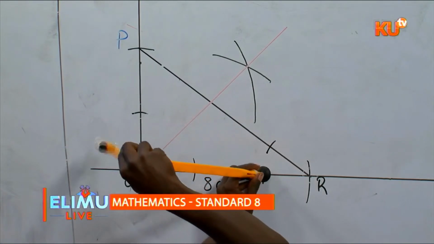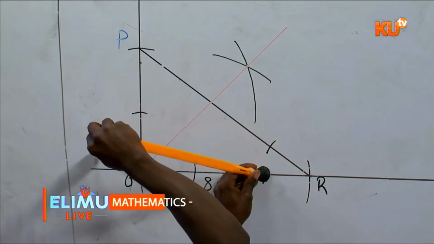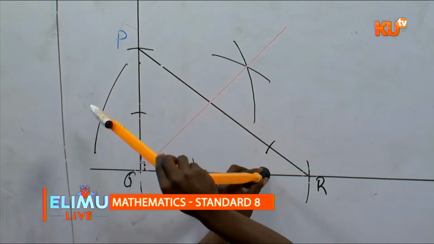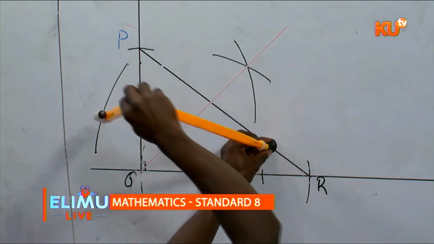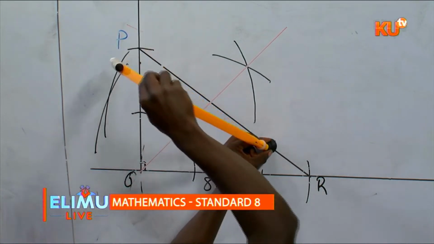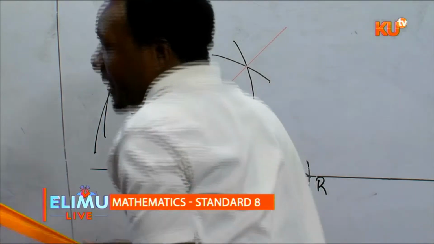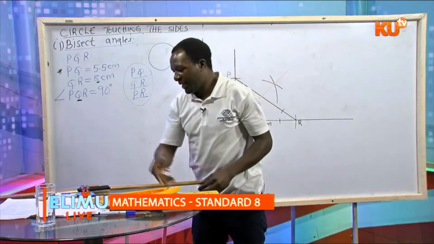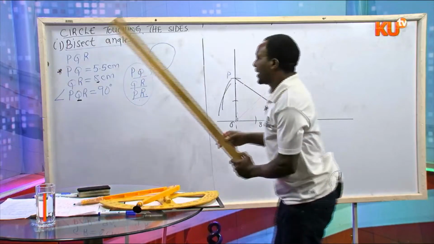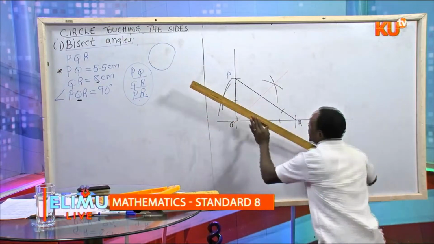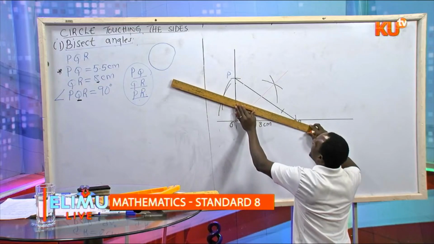Outside the triangle, put an arc there. Come there. Put another arc there. You can see where the two have met. Take the color you're using. Draw the perpendicular bisector.